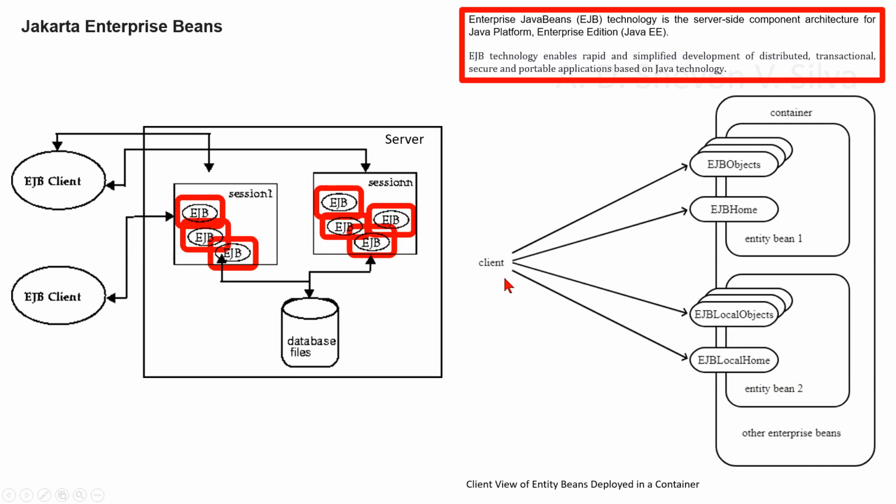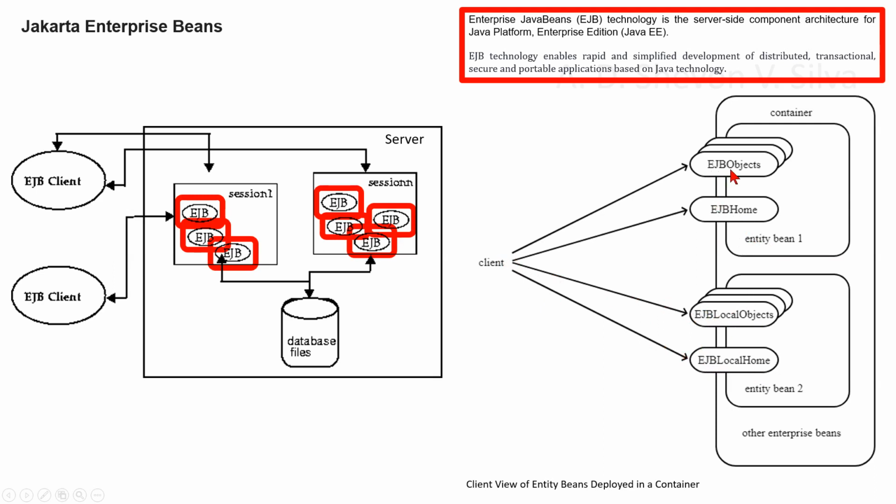Here you can see client is connected to EJB objects and EJB home here, entity bean 1. Here client is connected to EJB local objects and EJB local home.